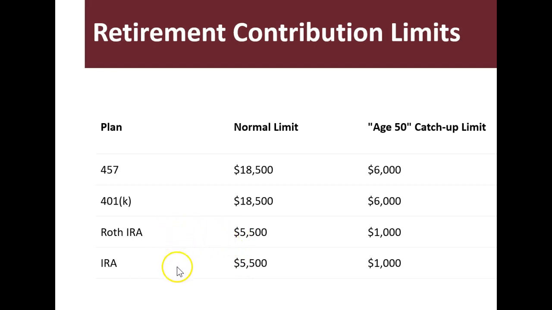You can only put a total of $5,500 in those two accounts, or $6,500. Now, your spouse can have both of those accounts as well, so the taxpayer and the spouse can both have $5,500 or $6,500. The 401k is much more generous. Probably many of you perhaps took advantage of that in your working career.